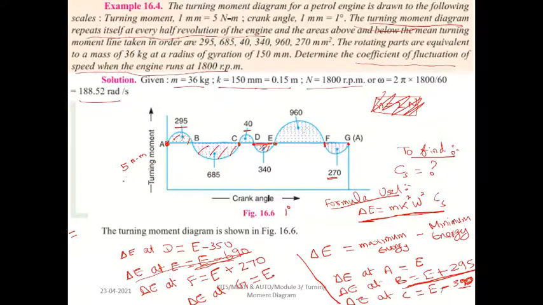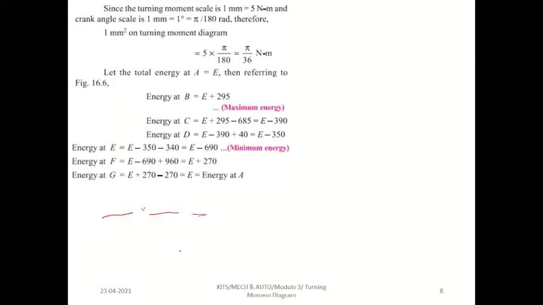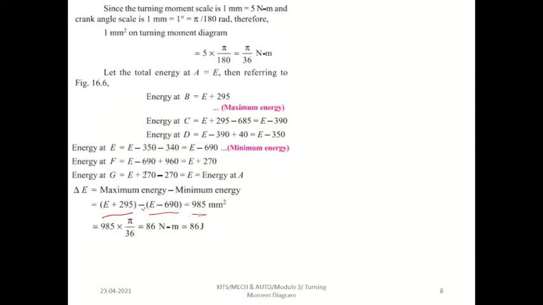Okay, and they have given that here 1 centimeter equals 5 Newton meter, and 1 centimeter equals 1 degree. So we have to multiply this answer with these values, 985 into 5.